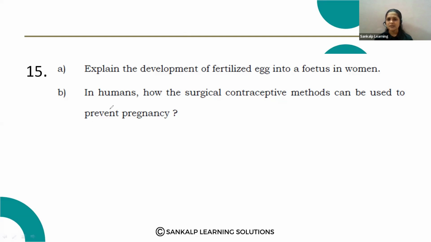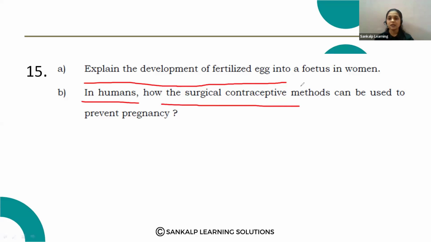So, dear students, please note down this question was asked in different previous year question papers. Very important. How does the fertilized egg develop into an embryo, and in humans how are surgical contraceptive methods used to prevent pregnancy?